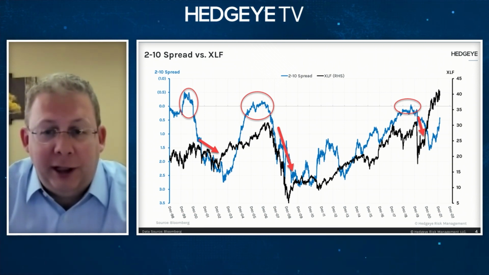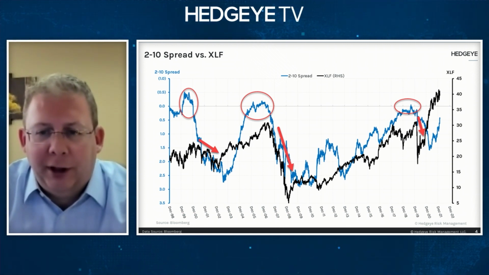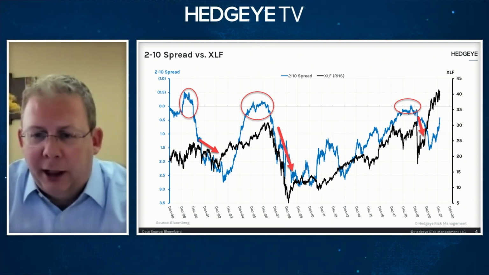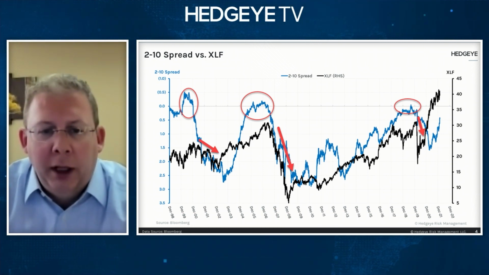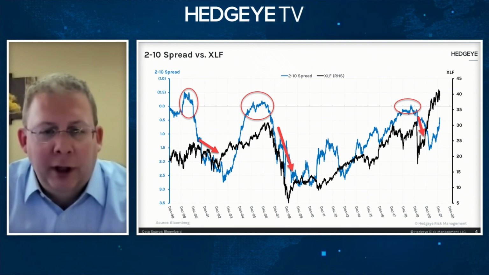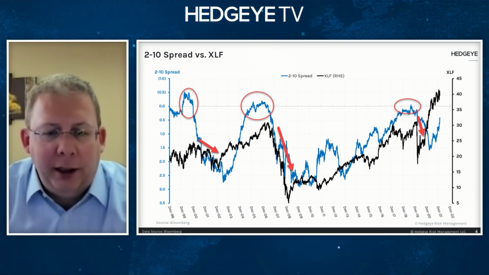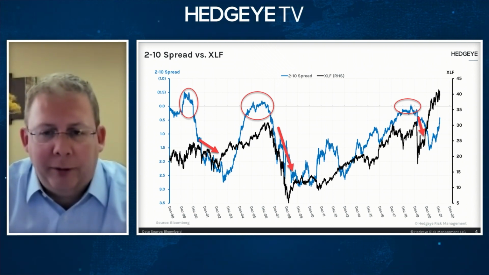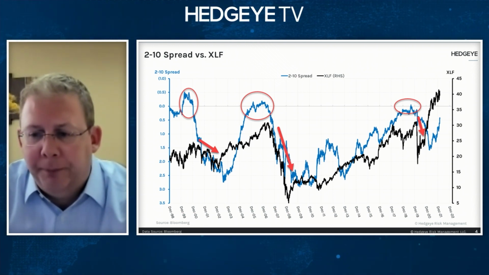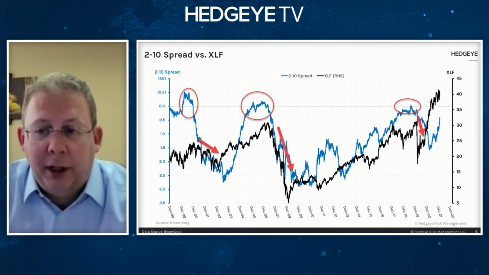When you see these peaks in the blue, that's actually troughs. And the black line represents the XLF price. I guess we could have done a log scale there, but that's all right. Thinking about what we see in this chart, there are really 3 periods since the late 1990s when the yield curve has been negative: the late 90s, early 2000 timeframe, the GFC period, and more recently, the 2018, early 2019 timeframe.